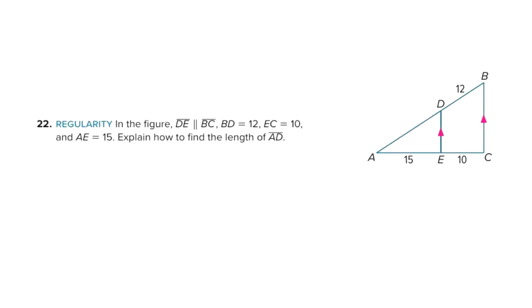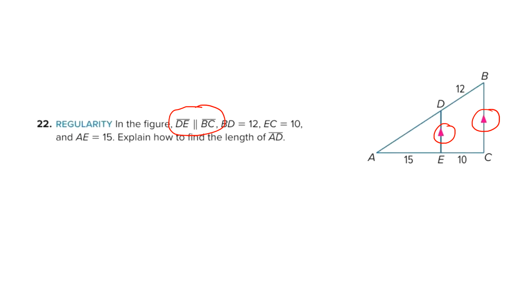Again, this is from the same lesson, triangle proportionality. Let's see the steps, how we are going to solve this. Here you are given a few important things. You're already given that DE is parallel to BC. So you see this pink symbol, so you know that DE and BC are parallel.